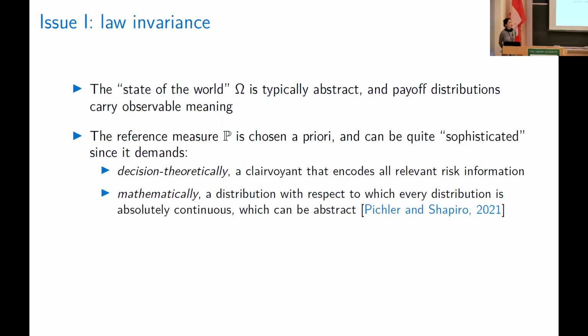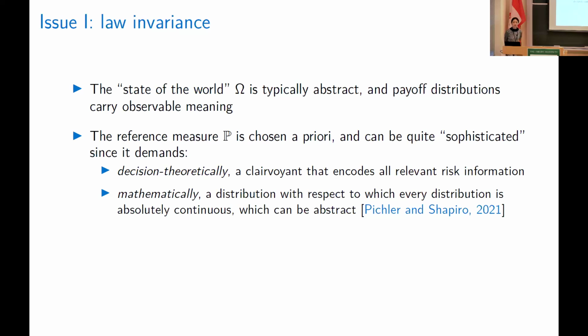The first thing we want to mention is why we have to use this law invariance. In theory, people usually say that this omega, the state of the world, is typically very abstract. What we can observe and evaluate from the data is the payoff distributions. In theory, we want this reference measure P to be something that could encode every relevant risk information.